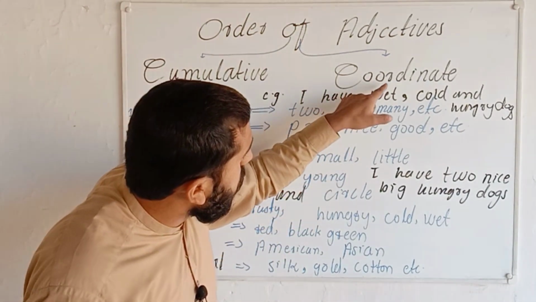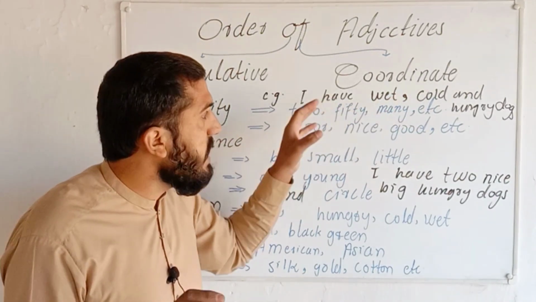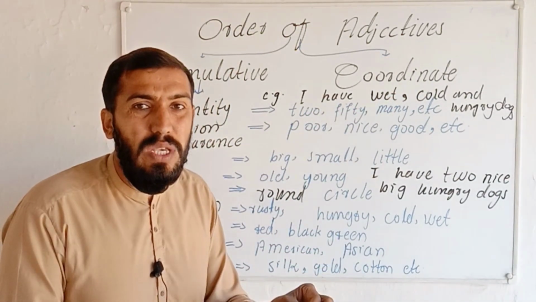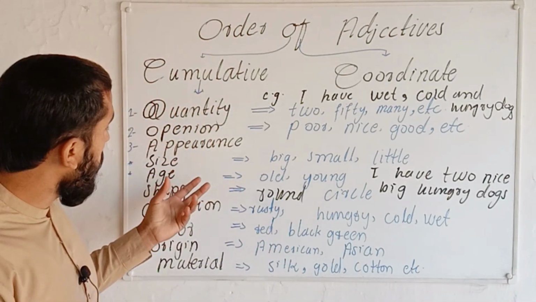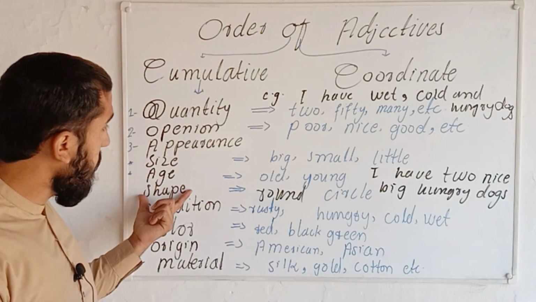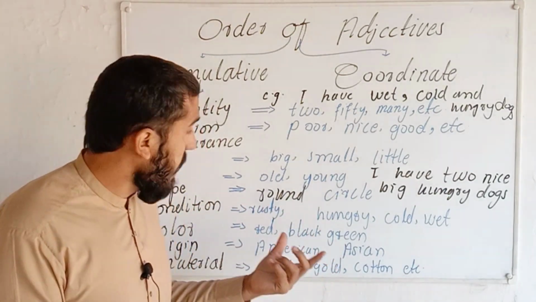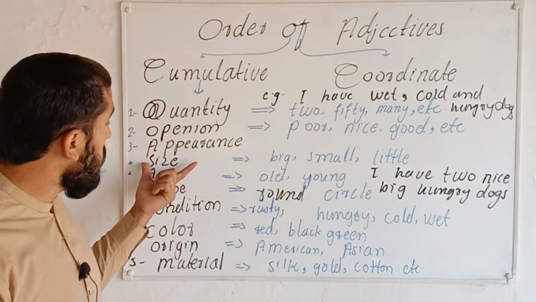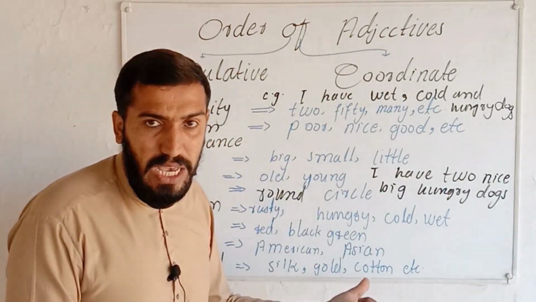And when you go for coordinate adjectives, then you should put comma. In coordinate adjectives, we use adjectives from one group. For example, if I talk about shape, I will have all the adjectives which talk about shape. If I talk about size, then I will have all the adjectives which talk about size.